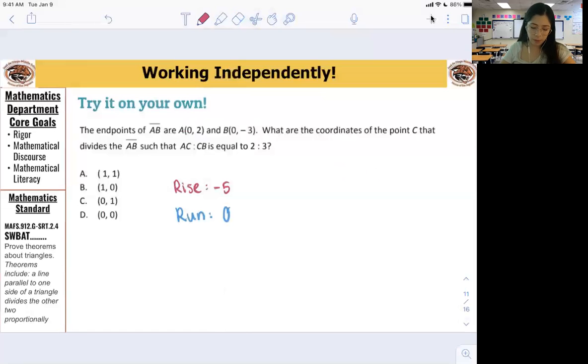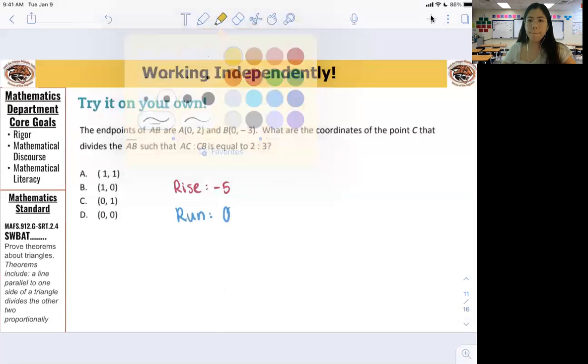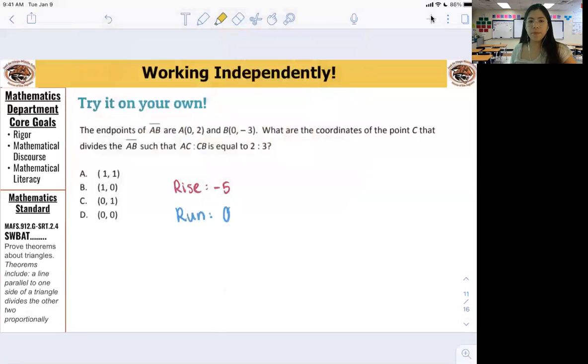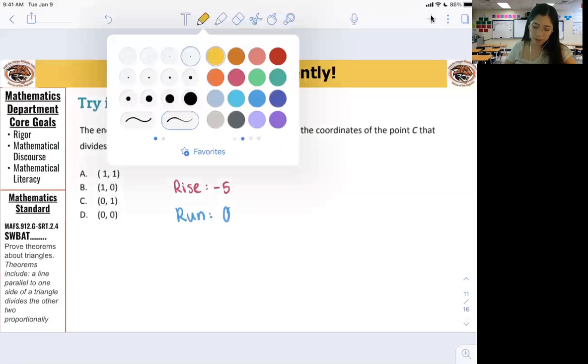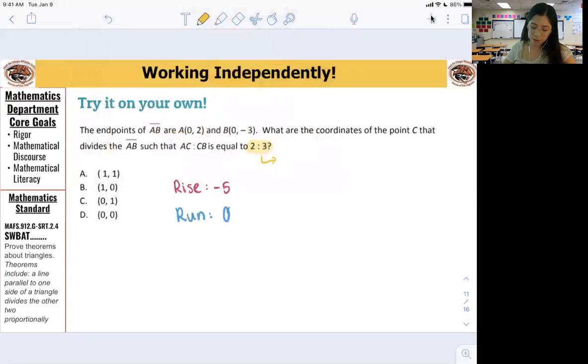Okay. Now, what am I multiplying these numbers by? What's my fraction? 2 out of 5, 2/5. Because again, the total is 5. So 2 to 3 becomes 2/5.